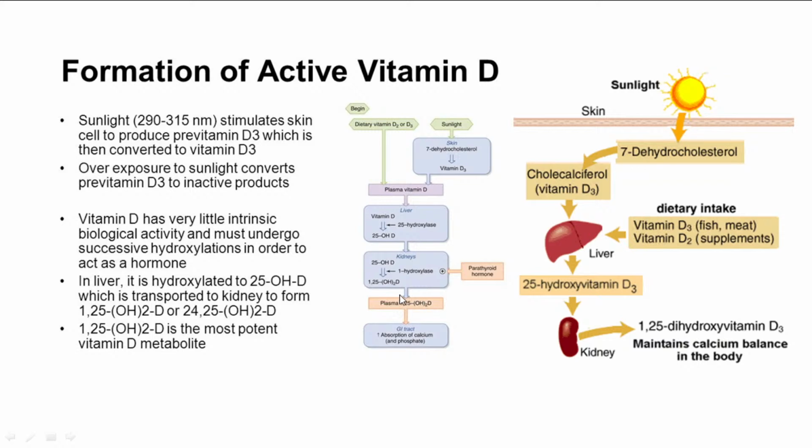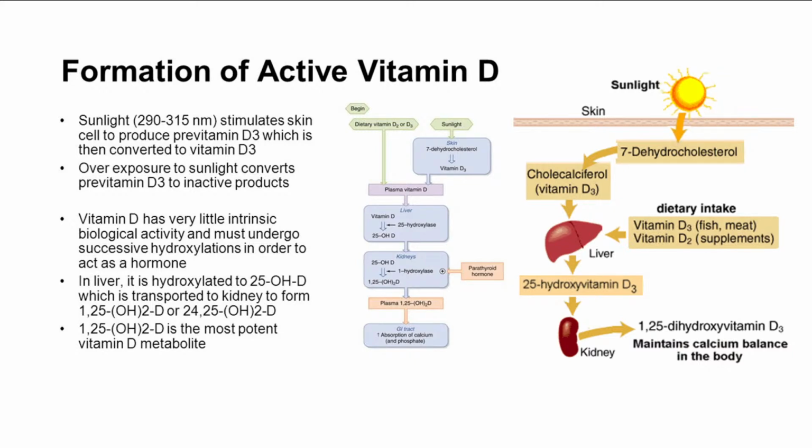This 1,25-dihydroxyvitamin D in the gastrointestinal tract increases absorption of calcium and phosphate. That's why diet, sunlight, and normal work of liver, kidneys and gastrointestinal tract are the common factors to prevent vitamin D deficiency.